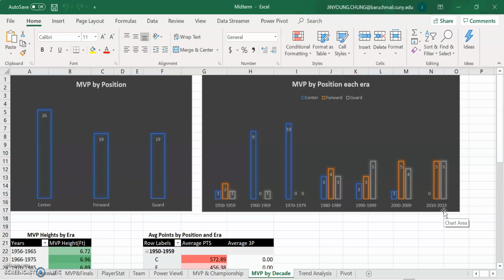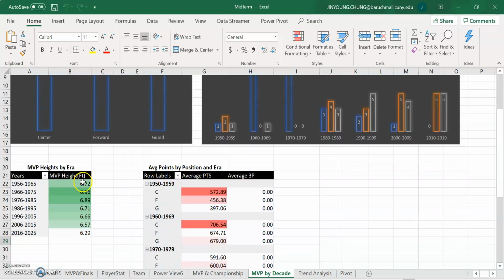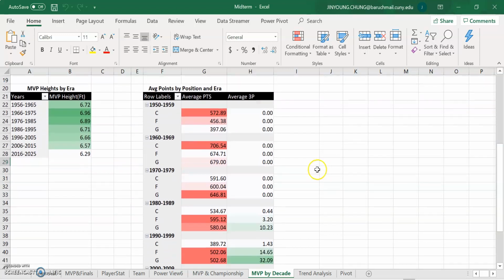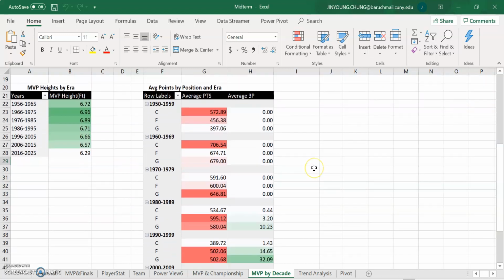To better analyze, I created a pivot table that shows the average height of MVPs by each era. As you can easily see with the color scale, the average height keeps decreasing. The next pivot table tells us the average total points and average 3 points made by position.